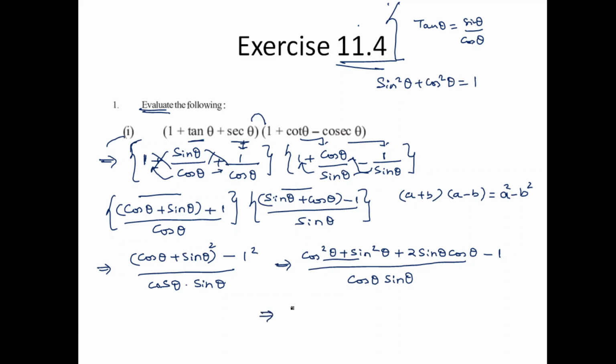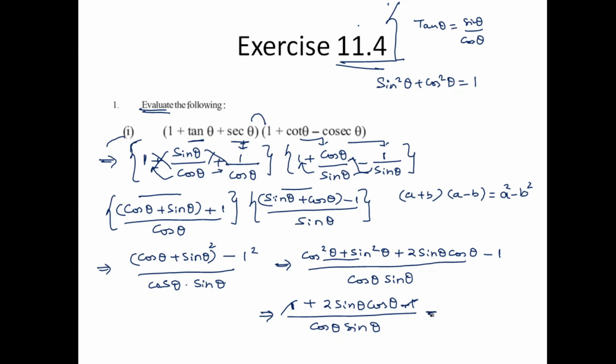So the whole thing is written as 1 over here plus what is left out, 2 into sin theta into cos theta, minus 1, divided by cos theta into sin theta. So eventually this 1 and this minus 1 are removed.